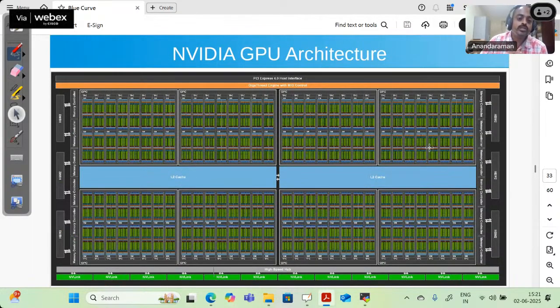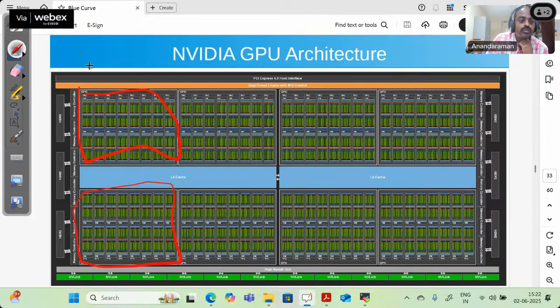Okay, this is the NVIDIA GPU architecture. So an NVIDIA GPU looks like this. This single unit is called a GPC, graphics processing cluster. One, two, three, four, total 8 GPCs are there.